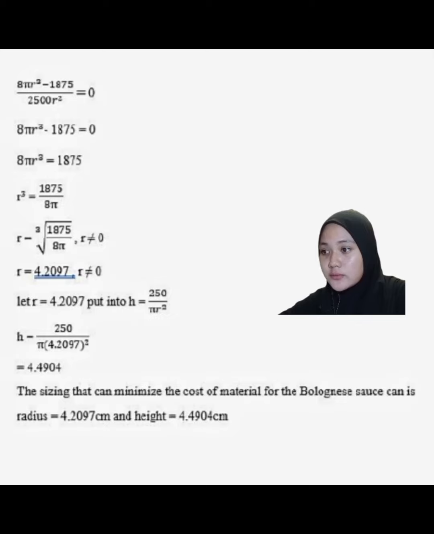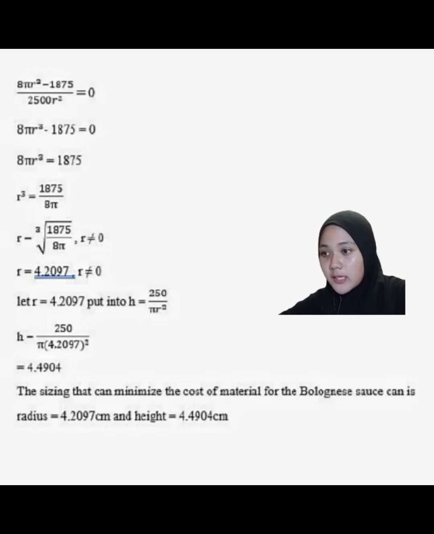So the value of r is 4.2097 and r does not equal to 0. Let r equal to 4.2097 put into h equal to 250 divide πr². So the value of h equal to 4.4904.